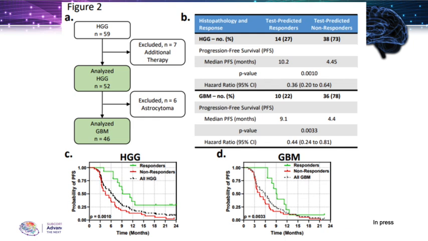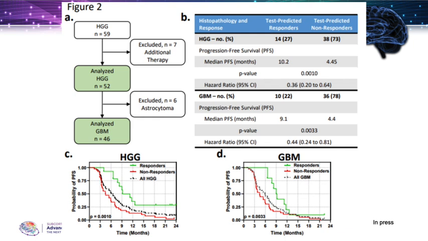This paper just got accepted last weekend in Scientific Reports, so it should be out soon. We typically use the MGMT biomarker to try to predict who is going to respond to standard of care, in this case, temozolomide.